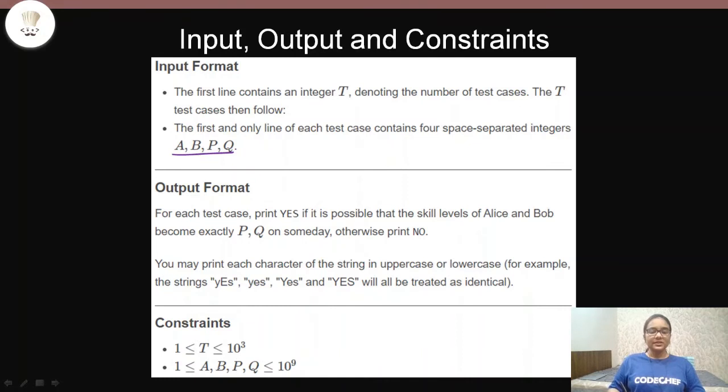The values of A, B, P and Q can be up to 10 to the power 9, but since we just have to check one if condition, it will be of order one time complexity. There are no other operations in this problem.